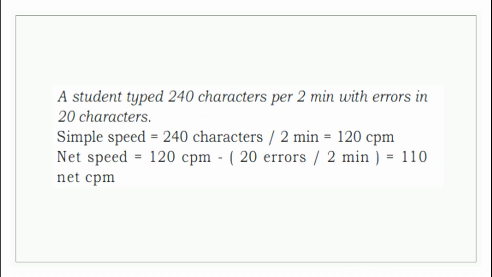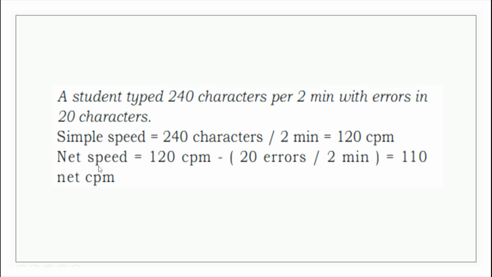Now see, there is an example. Whenever a student is typing 240 characters with errors of 20 characters in 2 minutes, and I want to calculate the simple speed and the net speed, what will we do? For calculating simple speed, we divide the number of characters, that is 240, by 2 minutes. It will become 120 characters per minute.